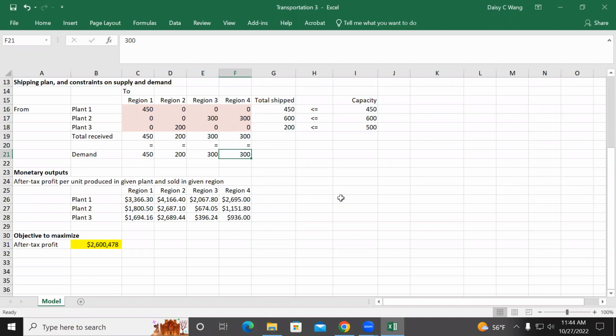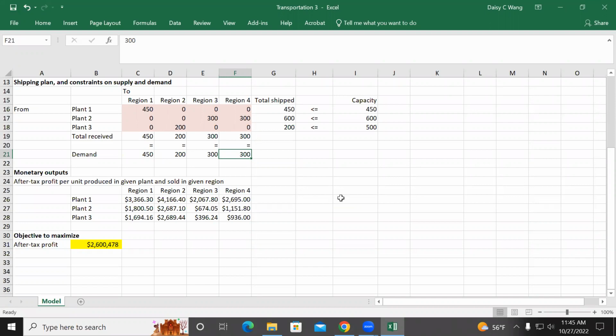Oh, this is awesome. I graduated. I actually have my transportation too, because I just had a bunch of zero.